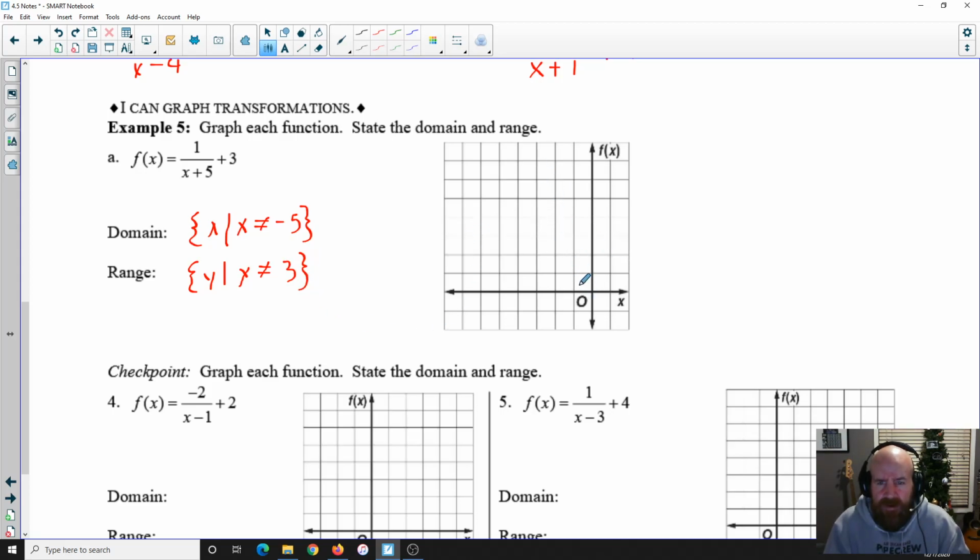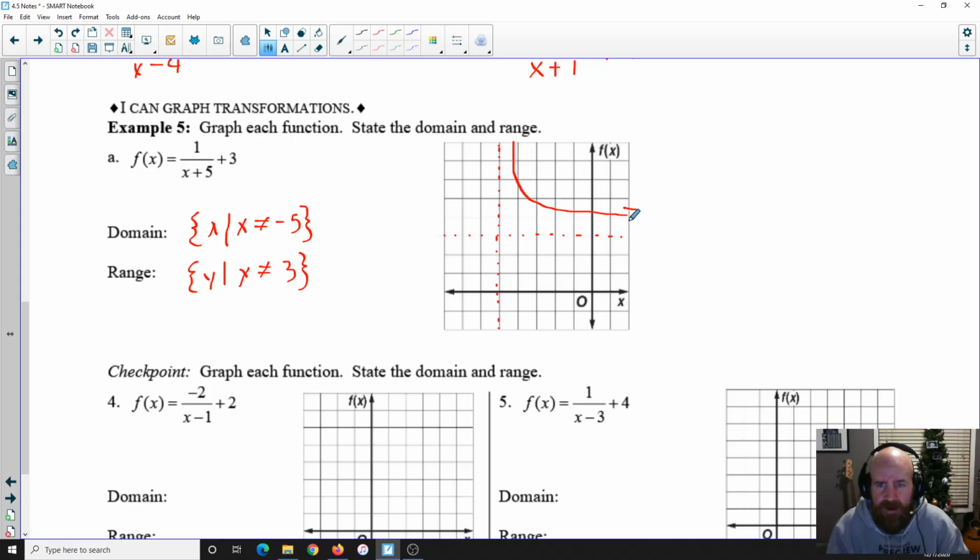So we have a vertical asymptote at negative 5, so 1, 2, 3, 4, 5. So we could go dotted line here. That's how we represent an asymptote. And then we have a horizontal at y equals 3. So 1, 2, 3. Here is our horizontal asymptote, and then we can just simply draw a curve here.